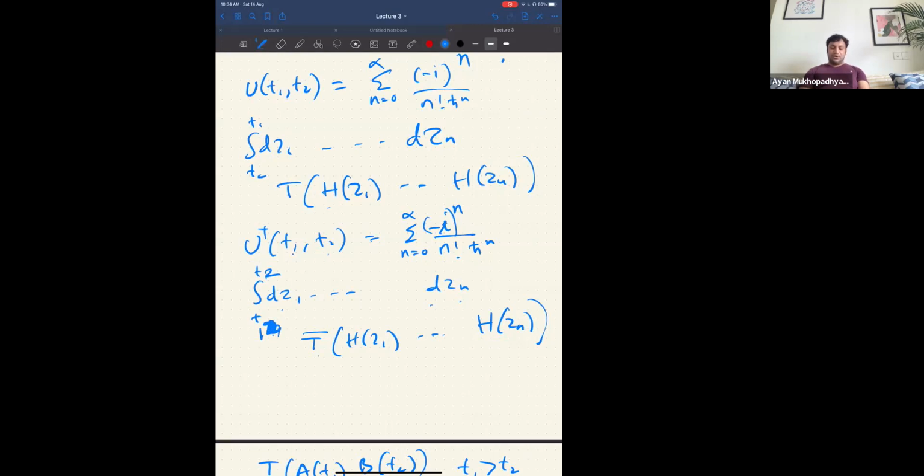And now you see the time ordering is what becomes something like time contour ordering, because here the time goes from T1 to T2, but the tau is actually how it is ordered in tau. So instead of thinking of it as time, you can think of some contour variable.